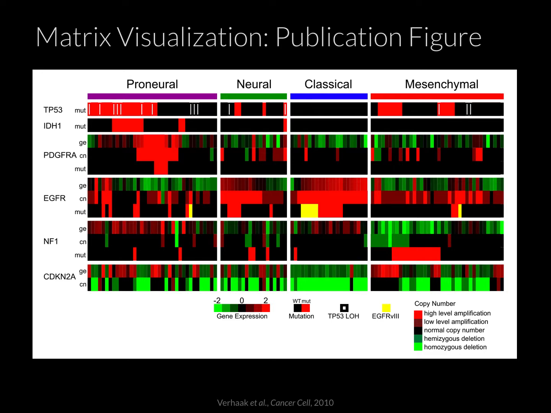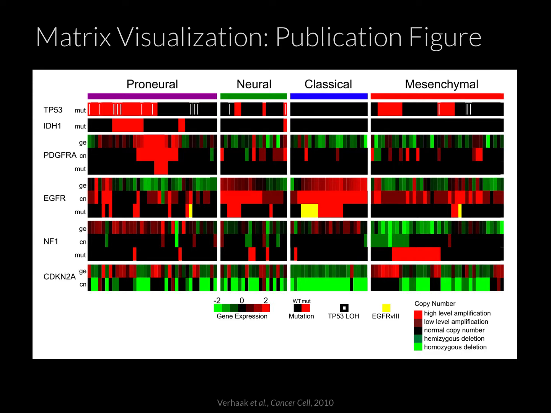So what you can see, for example, is this classical subtype over there, the third one, the blue one. There are no TP53 mutations in any of these patients. A patient is a column in here, just to make that clear. There are no TP53, no IDH1 mutations. On the other hand, though, we see high-level amplification of the EGFR gene, which also seems to be reflected in the gene expression levels.